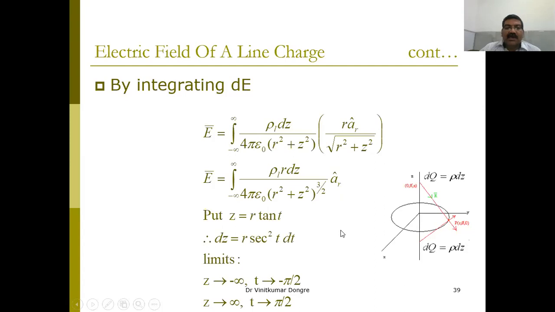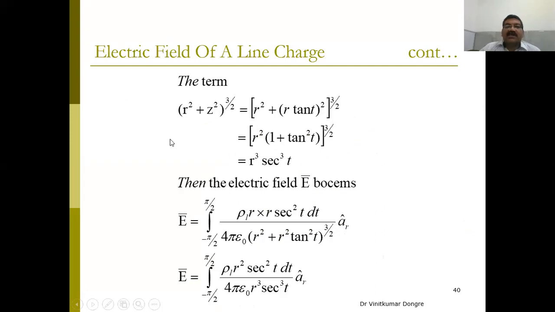Okay. Now we have calculated the limits, and you can solve the integration. Now you have R square plus Z square to the power 3 by 2. So you rearrange this: z equals R tan t, put this value and everything is okay. Now R square is taken outside. This is simple mathematics, nothing great. So R square times 1 plus tan square t, and 1 plus tan square t is nothing but sec square t.